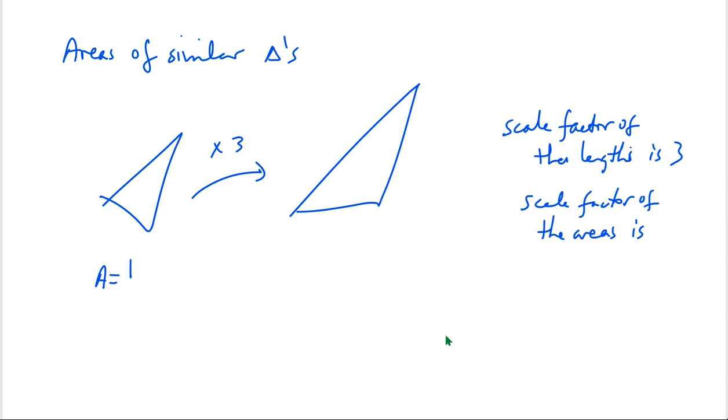The area of this triangle is base times height divided by 2. If I take all the dimensions and multiply them by 3, then the area of the new one is 3b times 3h divided by 2, right? Each one of them, base and height, is times 3. Every length is times 3. So that's 9 times base times height divided by 2.